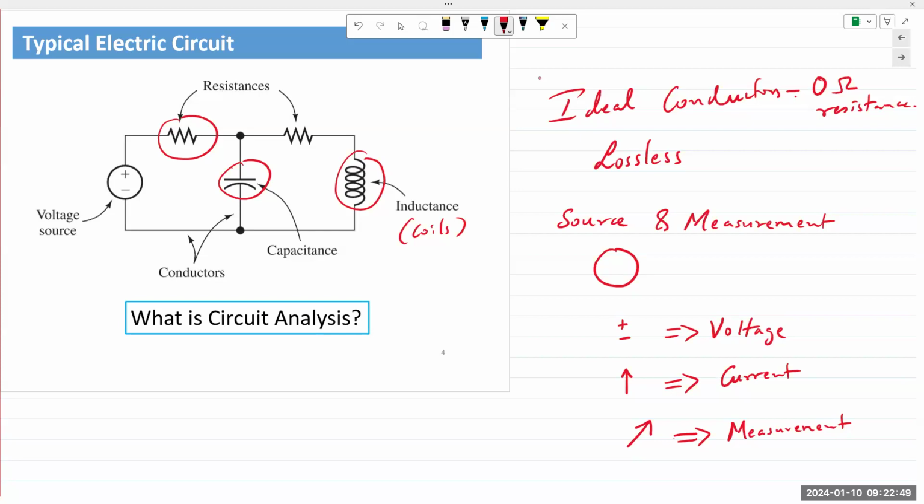All right, any questions? Source and measurement devices both use circular symbols.